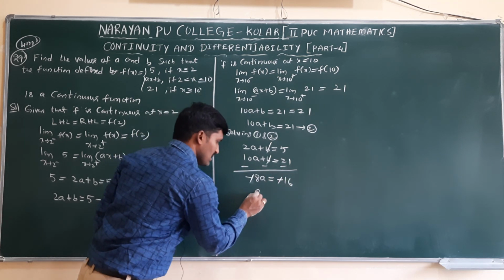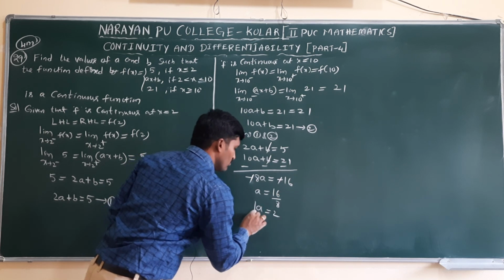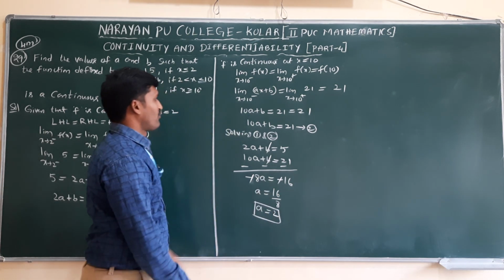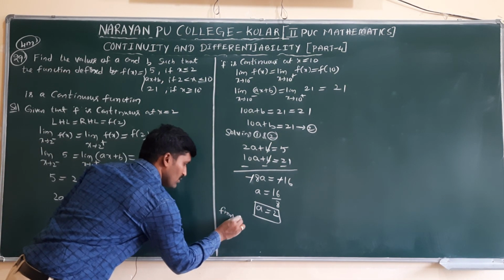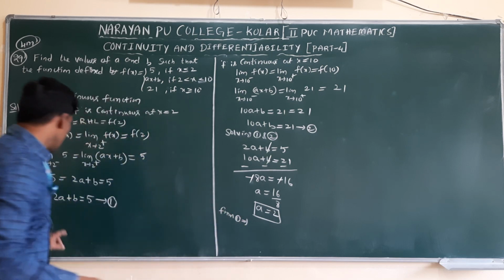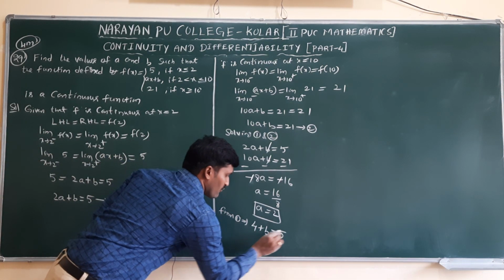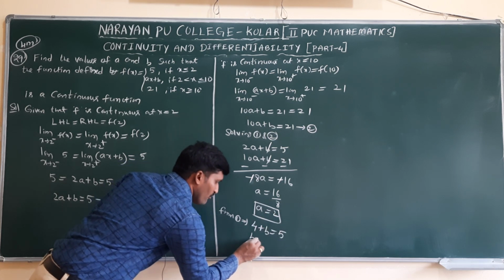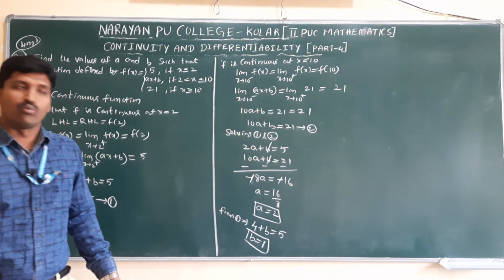The minuses cancel. a is equal to 16 by 8, that is 2. Next, to find b, I will substitute in the first equation. From 1, a is 2. 2 twos are 4, plus b equal to 5. Send 4 to the other side: 5 minus 4, that is 1. So a value is 2, b value is 1.